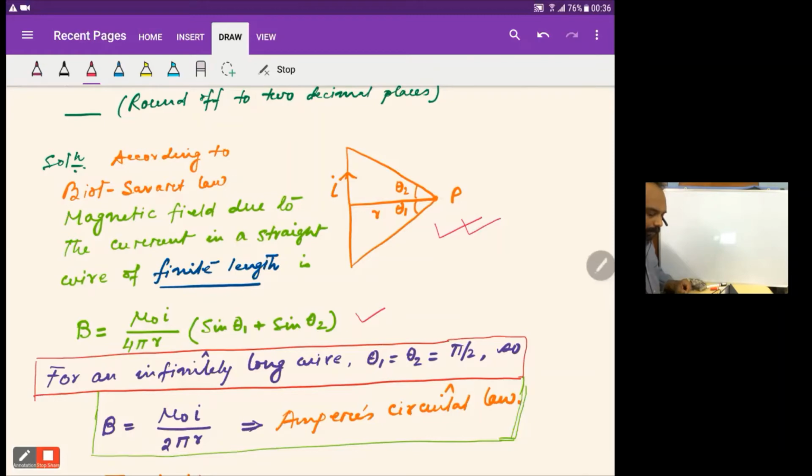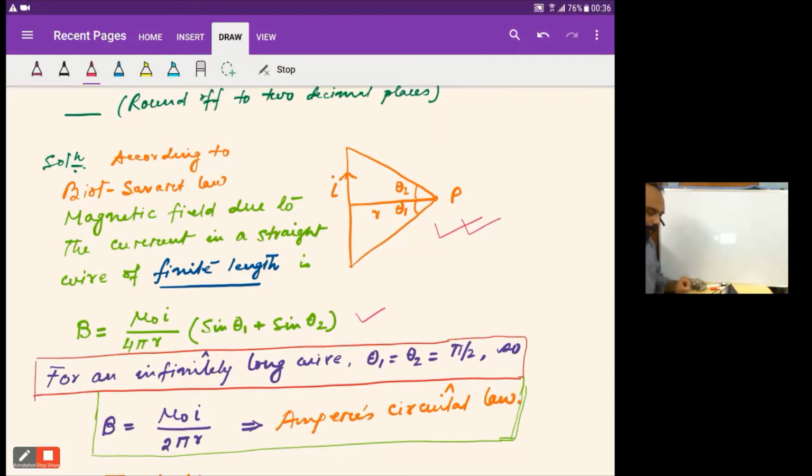The point P makes angles theta 1 and theta 2 with the two ends of the wire. So this is the formula for calculating the magnetic field at point P using the Biot-Savart law.